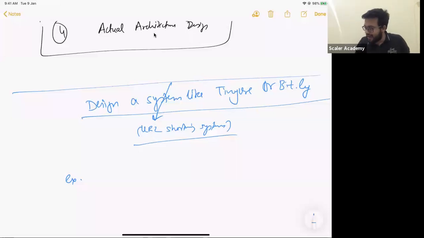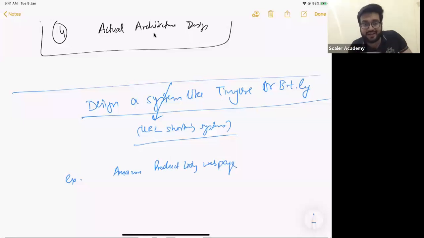Cool. So let's take a good example that I have seen personally many times. Whenever you look at an Amazon product listing web page, if you have looked at those pages, you would have realized that the URL is very, very large.